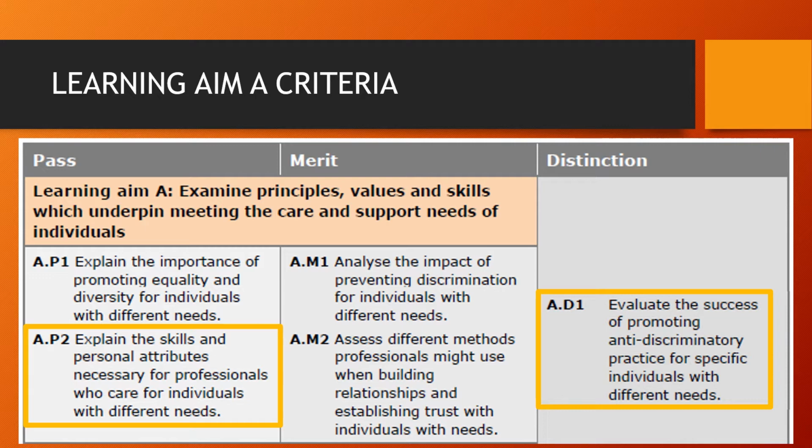And then to evaluate it, because the D1 runs throughout the whole of Section A, we're going to evaluate the success of these practices. It's more focusing on how easy it is to perform them, the difficulties, the challenges, and how effective they may be. In a follow-up video, I'll talk about M2 and D1 and how to write that section separately.